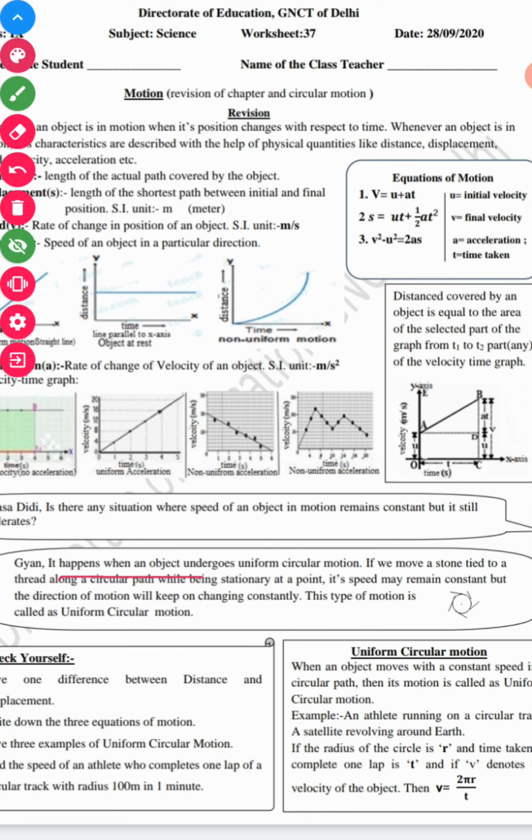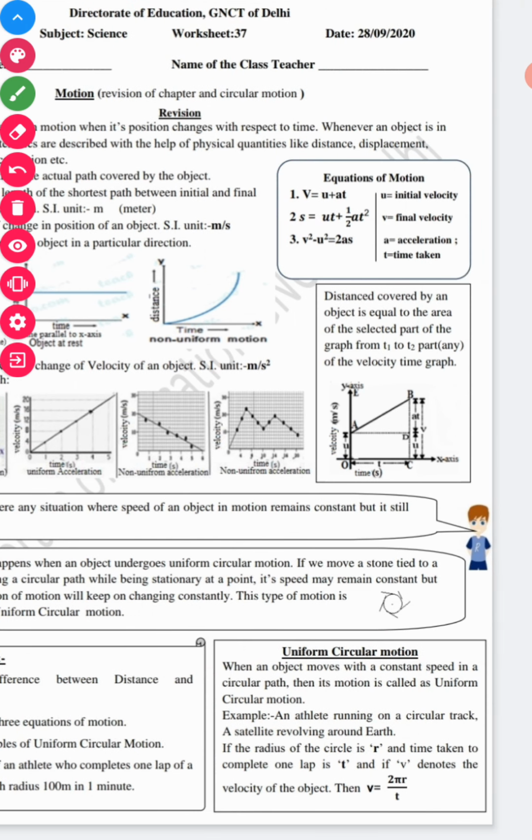So when an object moves with a constant speed in a circular path, its motion is called uniform circular motion.